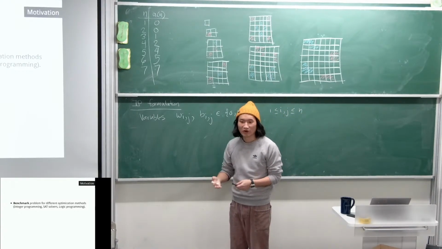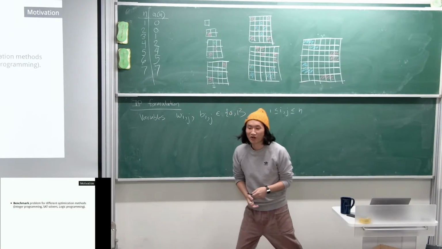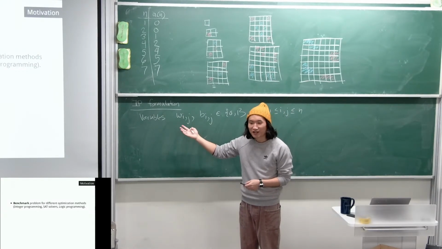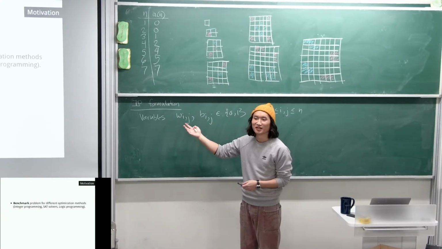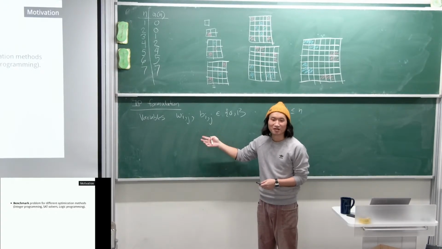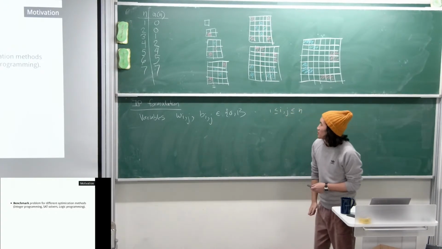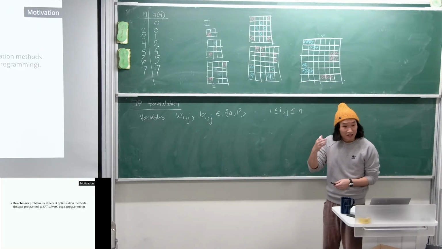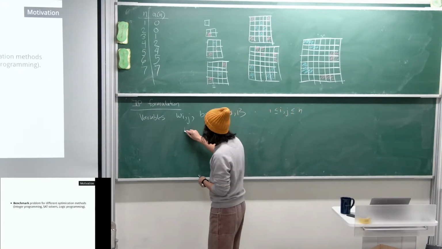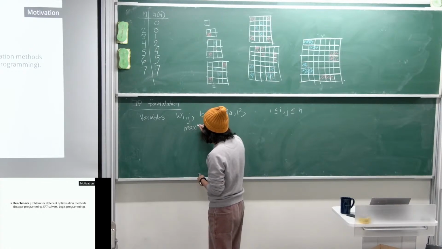This is the normal way to index the squares on your board. This w_ij will be 1 if you're going to place a white queen on that square. This b_ij will be 1 if you want to place a black queen on that square. And then you can just write out exactly what you're trying to maximize. So you just maximize.